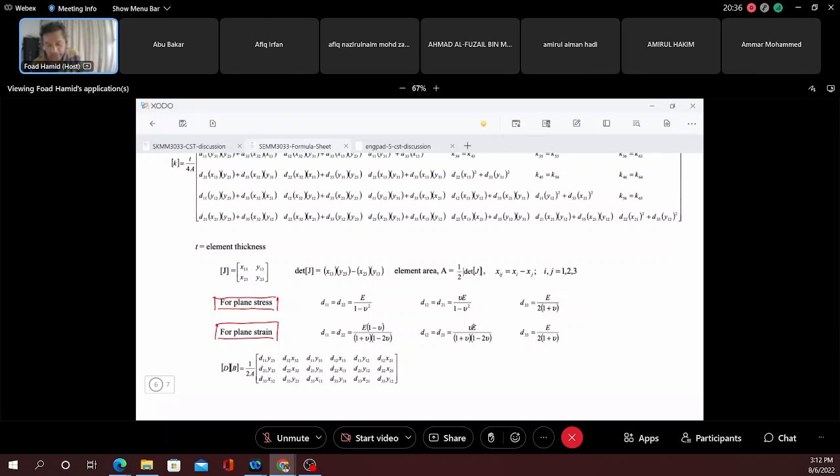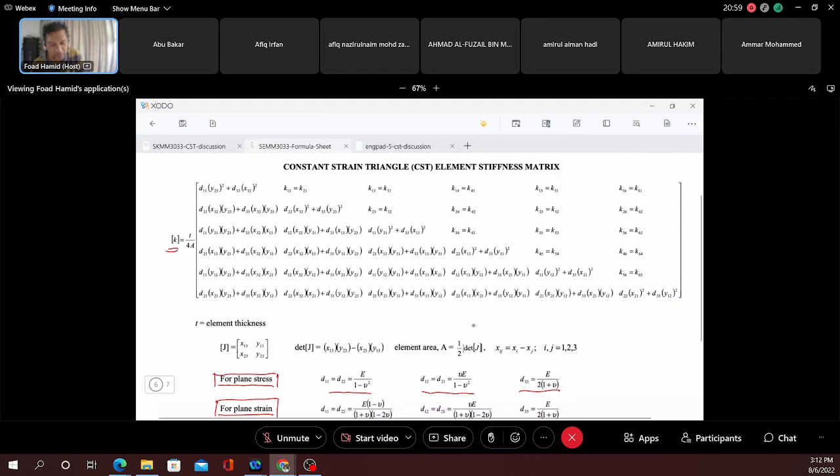Because the formulas are different. For plane stress it is this, for plane strain it is this. And this thing too, they are different. So if you use the wrong idealization, your K matrix here, this is your K matrix for CST, note that there are D11, D21, D11, D21 terms.